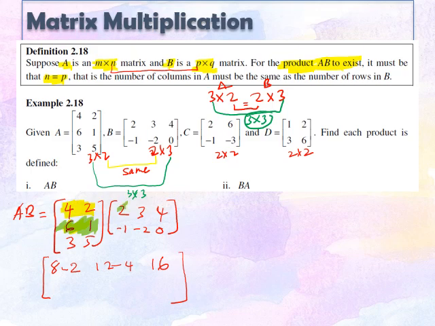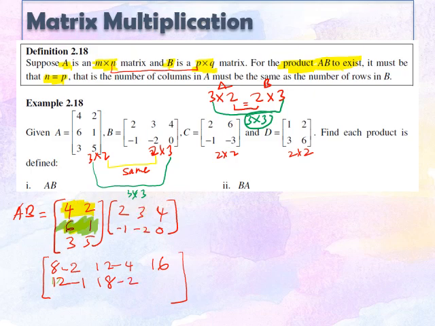This row with this column first. So it will be 6 times 2 is 12, 1 times -1 is -1. And then 6 times 3 is 18, minus 2.